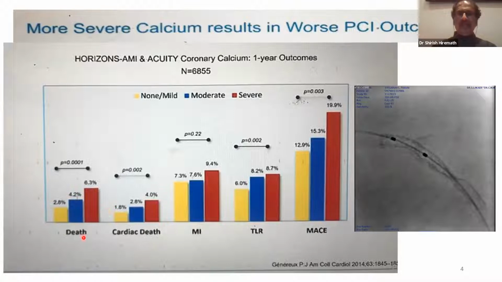You can see in these brown or red bars, this is severe calcification, and yellows are mild to none. So almost threefold increase in the mortality rate. Even the MACE rates almost jump twice from mild calcium to severe calcification.